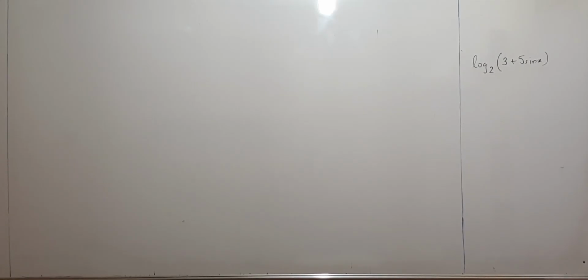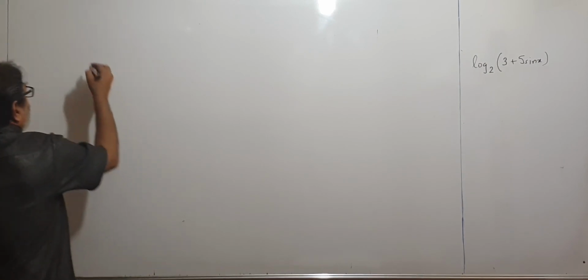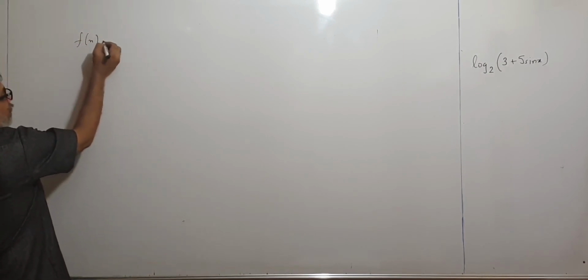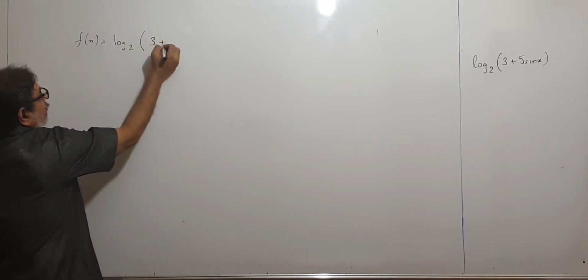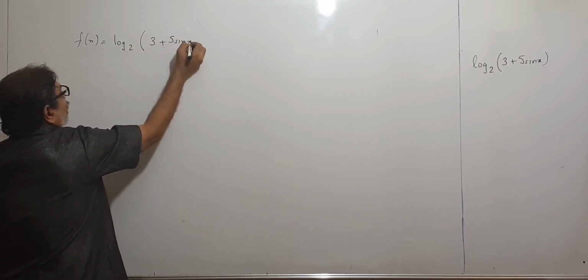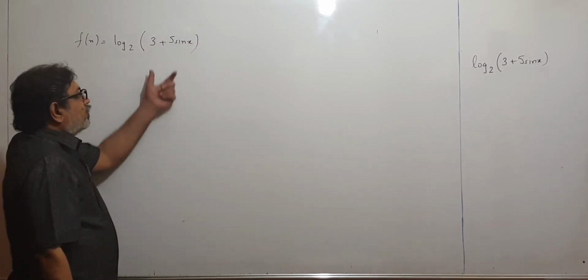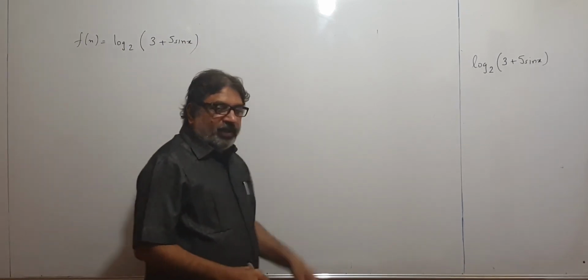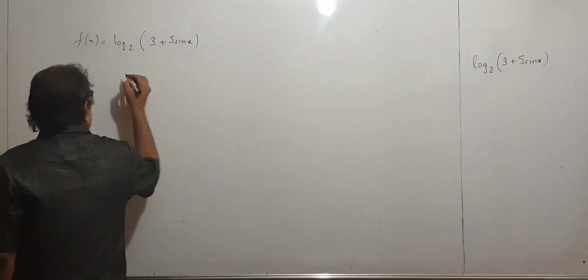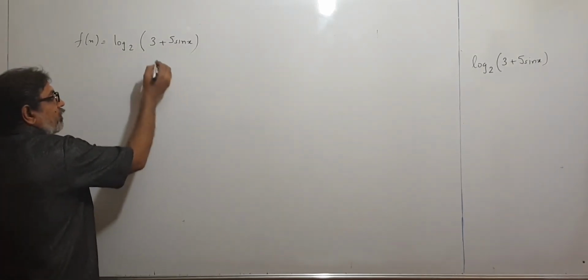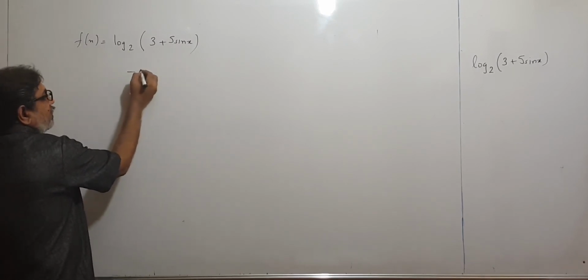See children, last one, very interesting. See, f(x) is given to me as log base 2 of (3 + 5 sin x). Now children, I know this should be a positive number, only then the log can exist. So that means 3 + 5 sin x should be a positive number, but what is the actual range of 3 + 5 sin x?